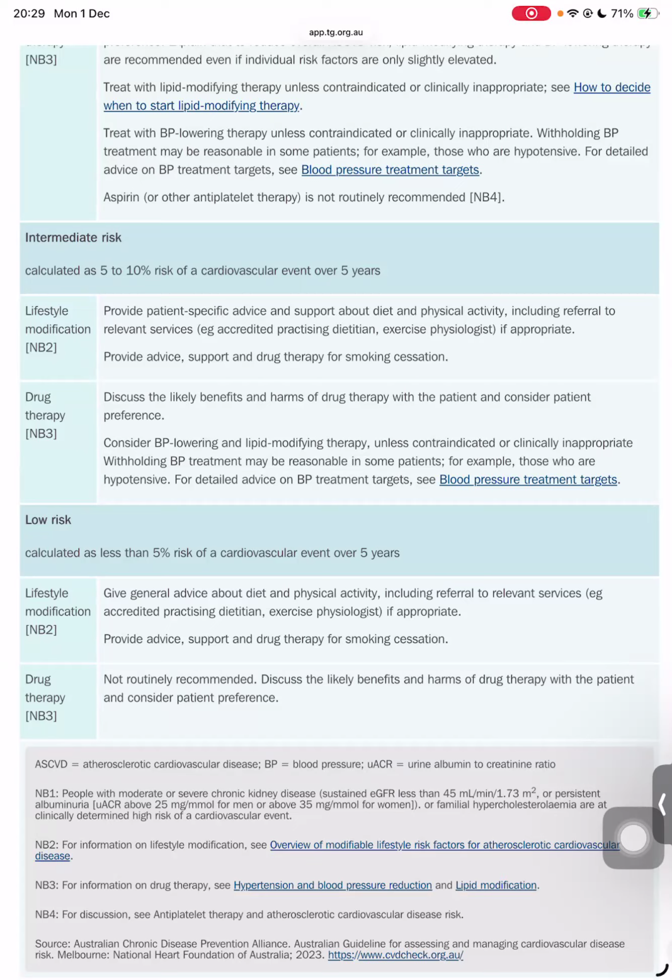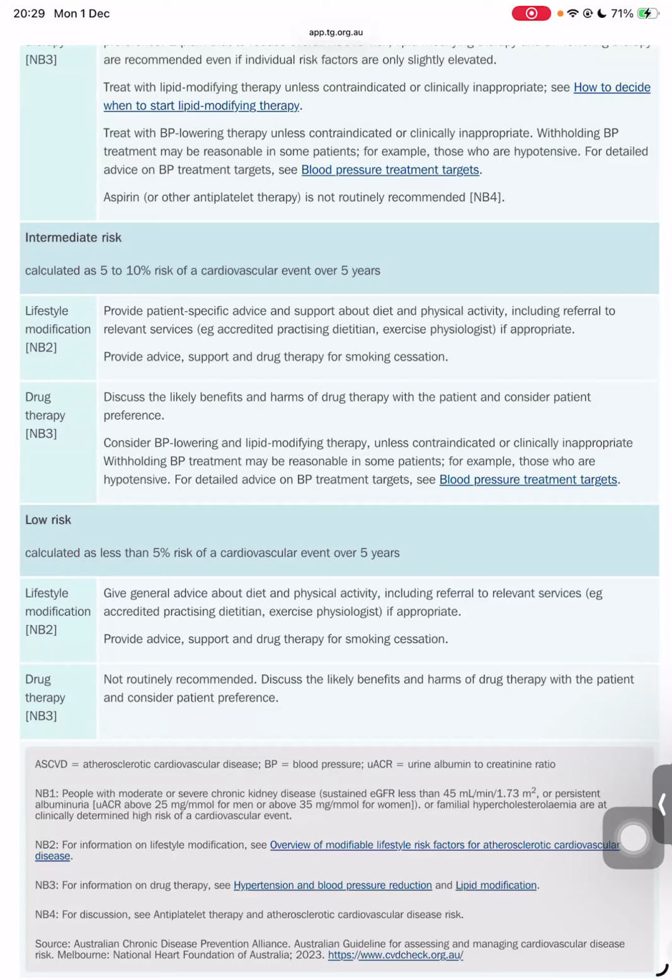Then for high risk patients, clinically determined as more than 10% CVS risk assessment over 5 years, the lifestyle modifications are the same.